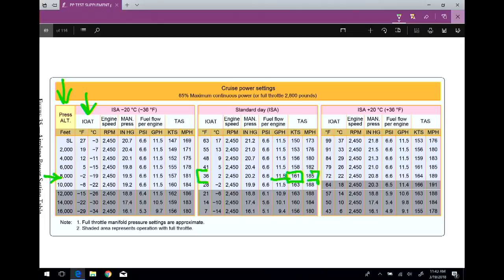Let's say, for instance, your pressure altitude on a standard day was 9,000 feet. What would your true airspeed be? 182. Wait. Yeah, 180. 186, 187.